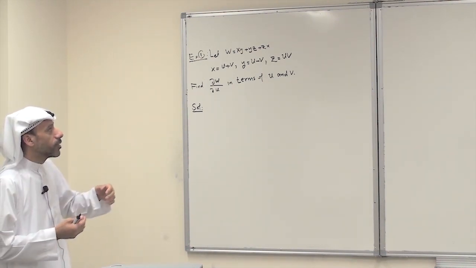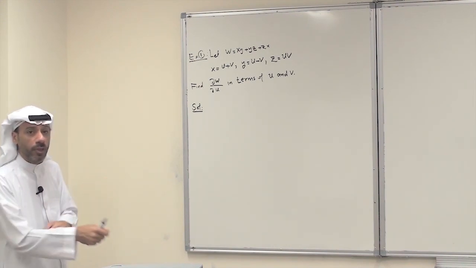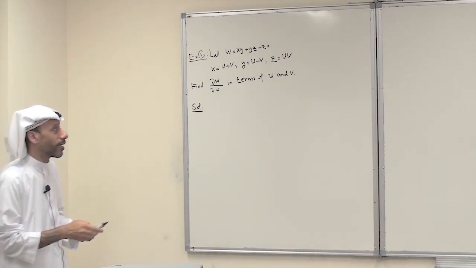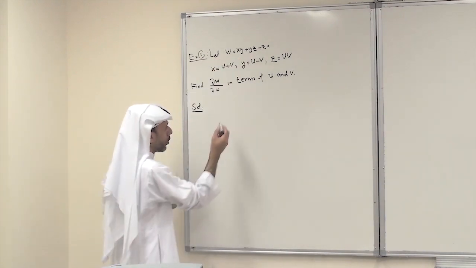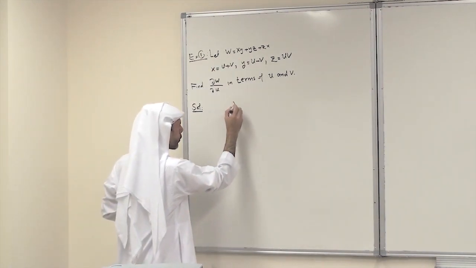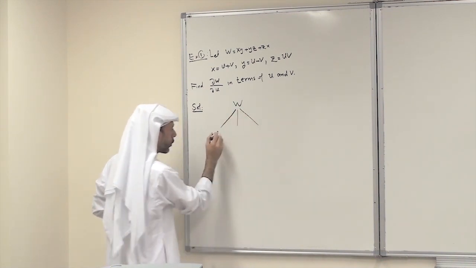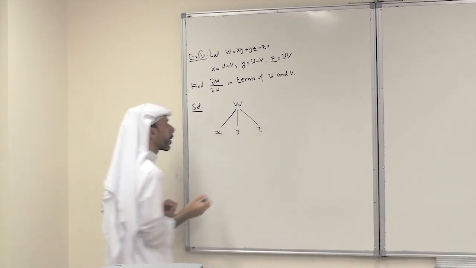So the first step is just to find a relation or to connect the variables of the problem. And to make the connection, we draw a tree diagram. So we start with W. W is a function of three variables. So I write W here, and I have a tree diagram with three variables x, y, and z.